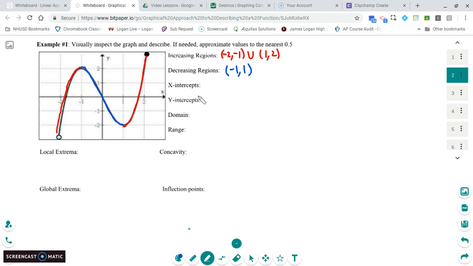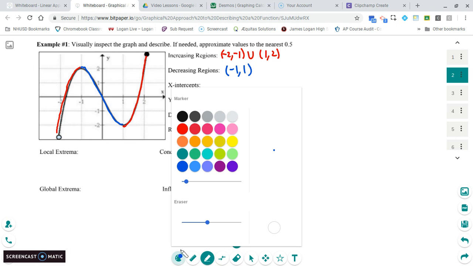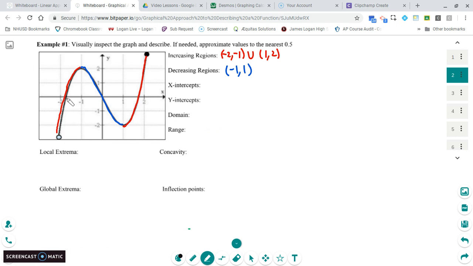All right, the next question asks for intercepts. So these are ordered pairs. These are locations. So the x-intercept could be stated as x equals, or it could be stated as an ordered pair. I'll be precise and state the ordered pair. So let me go ahead and color those x-intercepts black, just to highlight them.